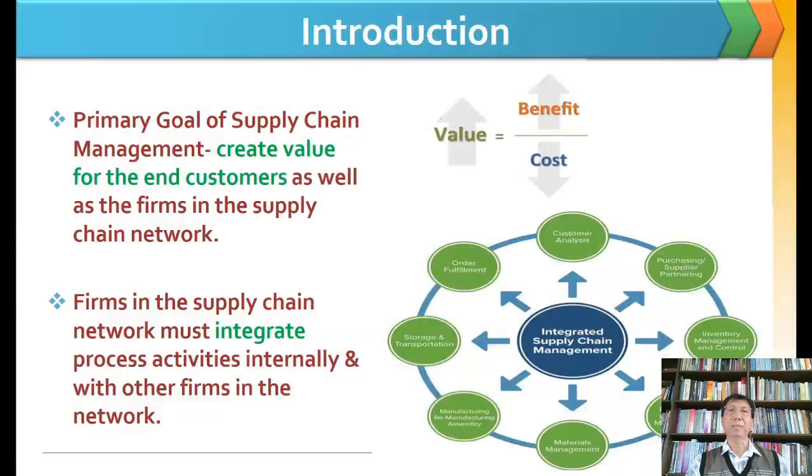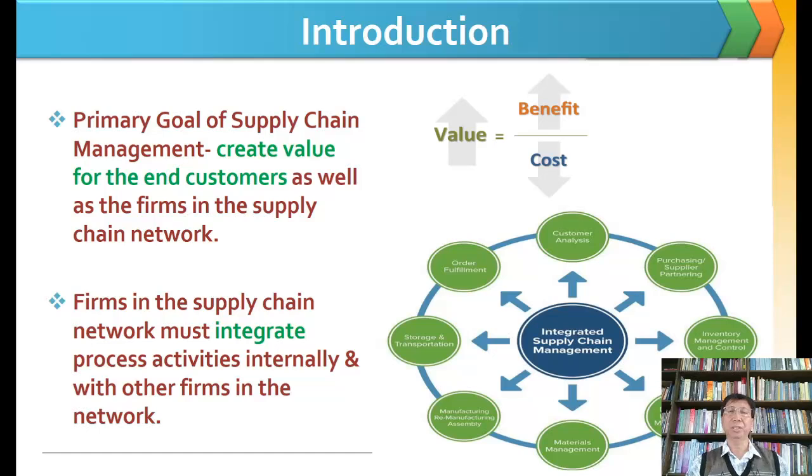The primary goal of supply chain management is to create value for the end customer. What is value? Value is a reflection of the benefit and cost ratio. Of course, every customer wants to get high value.